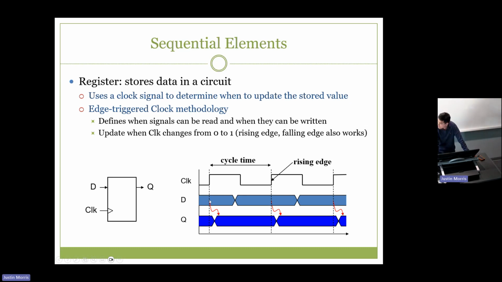And then during the rest of the clock cycle, the inputs can be changing. But again, it has to be stable. So this is where it's changing, but it's stable before the rising edge. And again, over here, it's stable before the rising edge and also stable after. There's some time after the rising edge that D is still not changing.